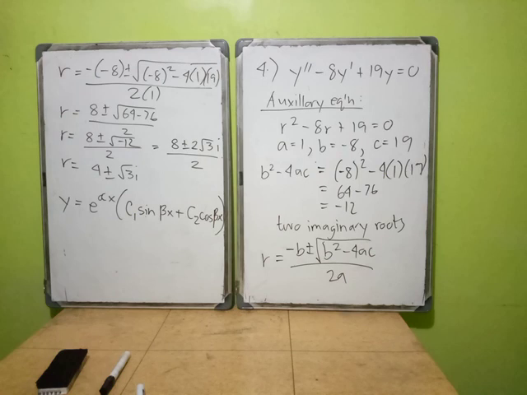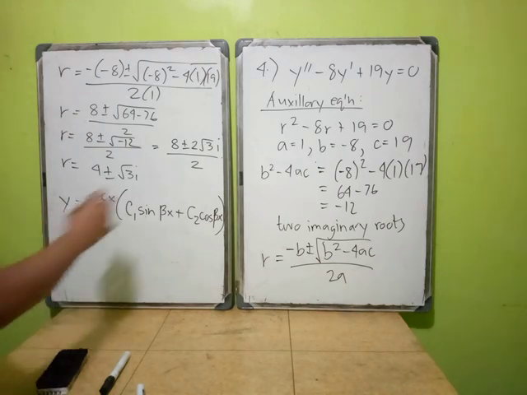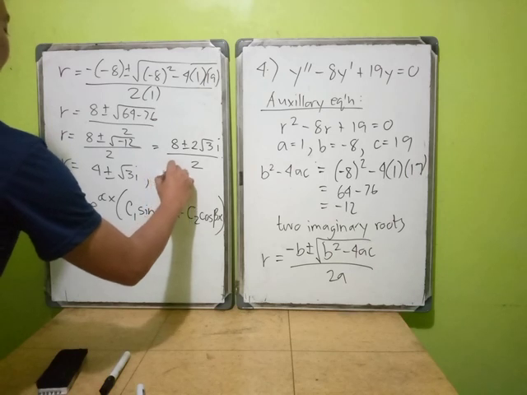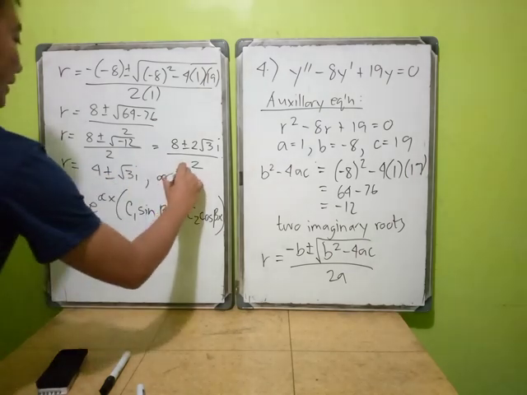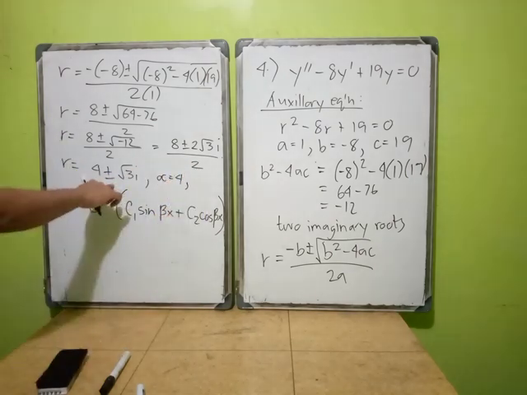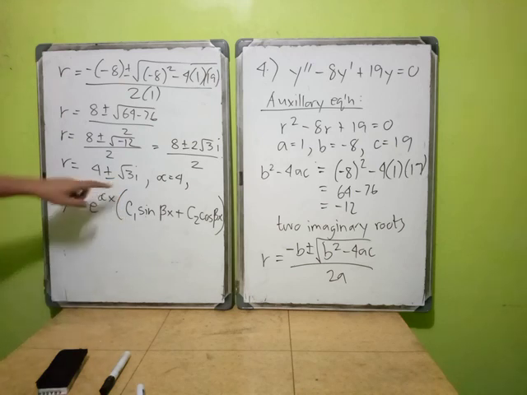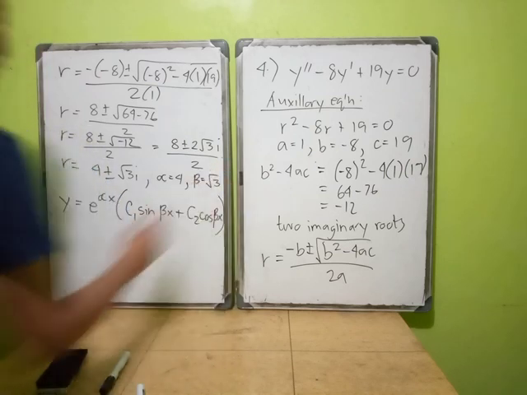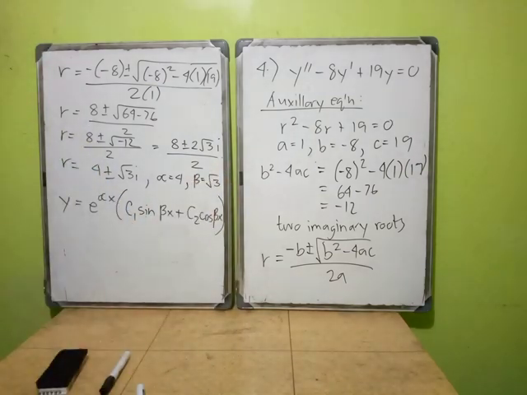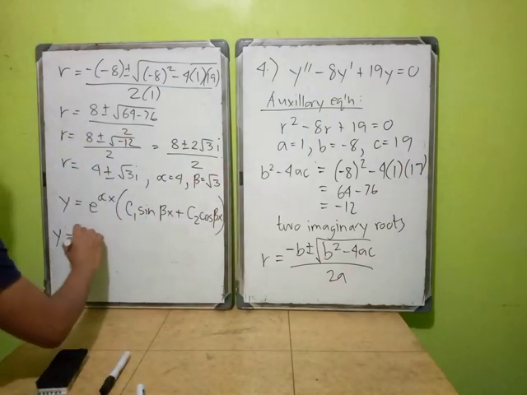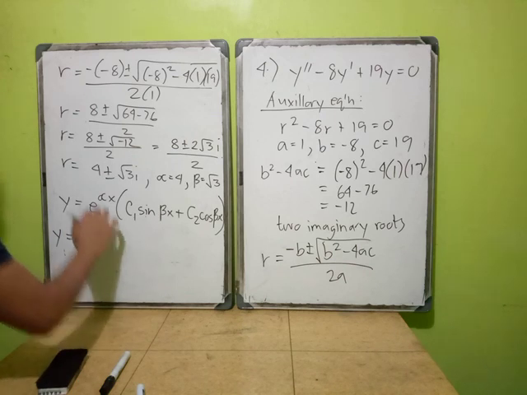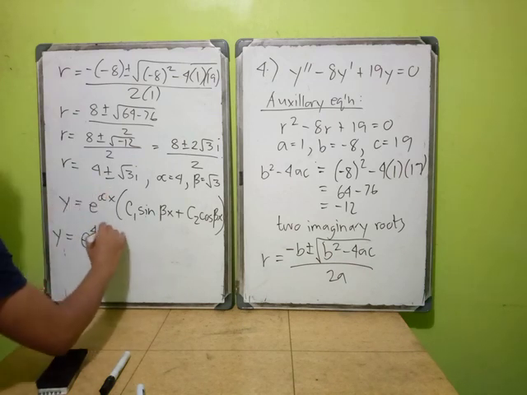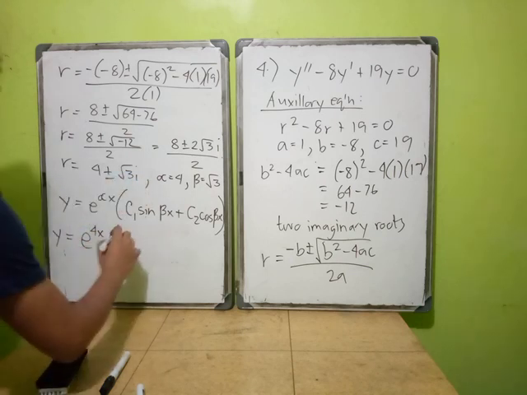What are alpha and beta? Alpha is the first coefficient, which is 4, and beta is the second coefficient, which is square root of 3. Therefore, our solution will become y is equal to e to the 4x times c sub 1.